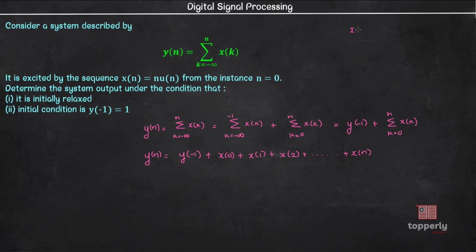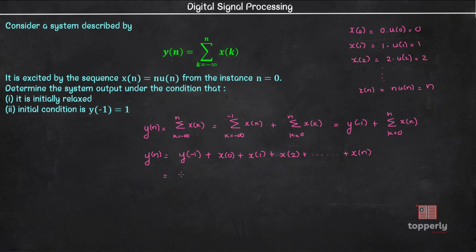So we have x of 0 equal to 0 into u of 0, which is 0, x of 1 equal to 1 into u of 1, which is 1, x of 2 equal to 2 into u of 2, which is equal to 2, and if we follow like this, x of n is equal to n into u of n, which is n.